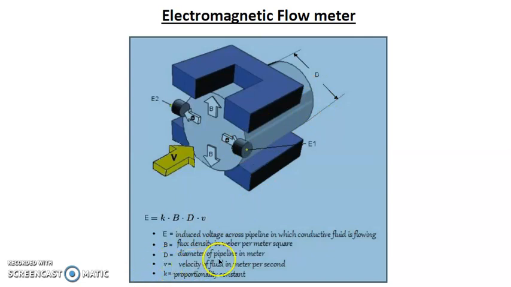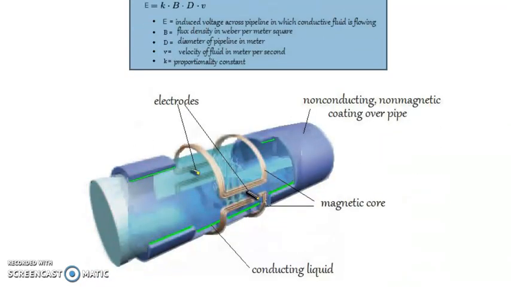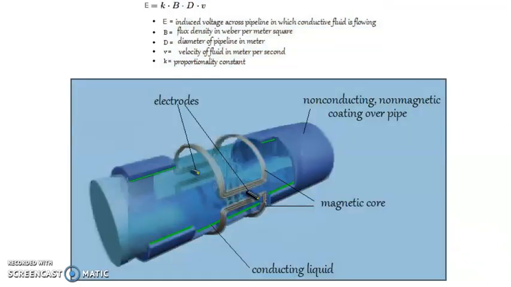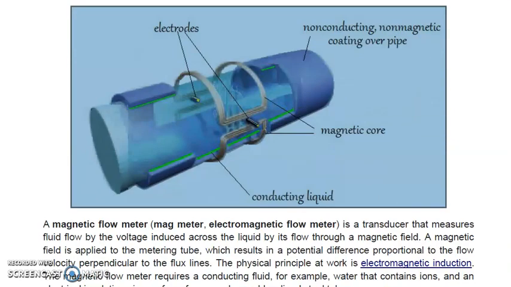V is the velocity of fluid, showing the fluid flow in meter per second, and K is a proportionality constant, because in practical cases the ideal conditions are not implemented and we have to consider a proportionality constant for proper calibration. So this is the practical formula: induced voltage E is equal to K B d V.